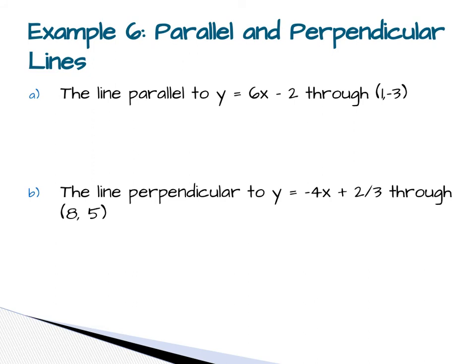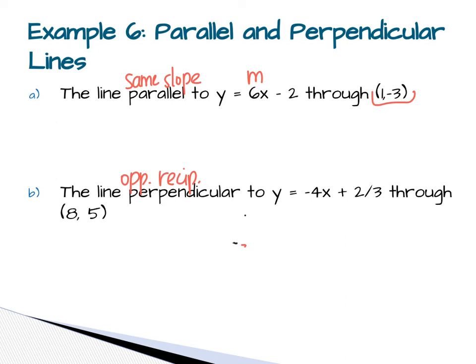Alright, parallel and perpendicular. Parallel lines have the same slope, so that's what I'm going to write above parallel here. Same slope. Perpendicular lines have opposite reciprocal slopes. So my slope for A here is 6, and then I have the point 1, negative 3.